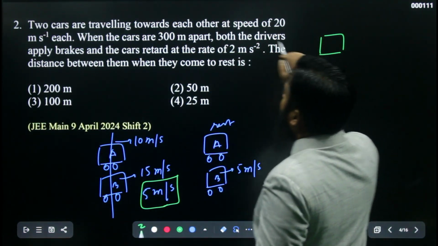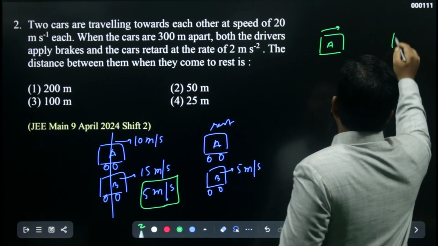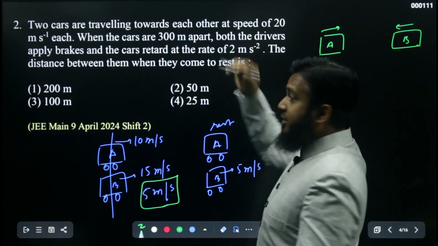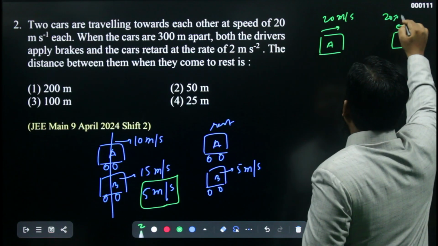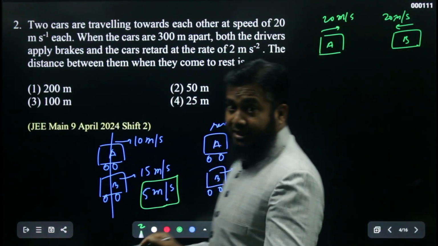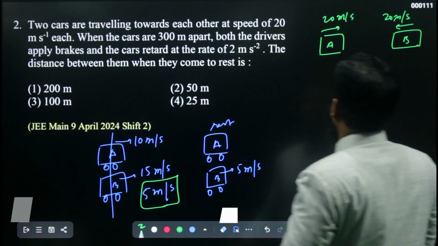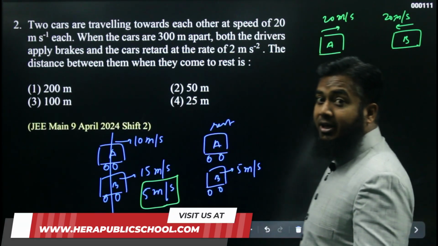We have two trains. Say this is train A and there is another train B. They are moving with the same speed, 20 meter per second, towards each other. So what is the relative velocity in this case? Suppose A moves 1 meter and B also moves 1 meter in 1 second.